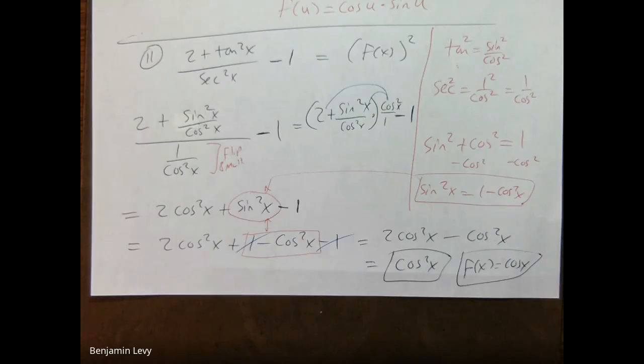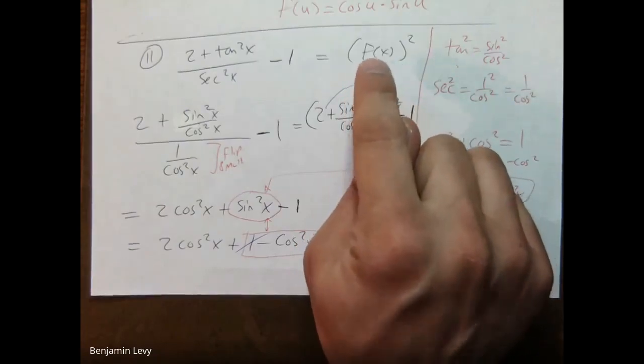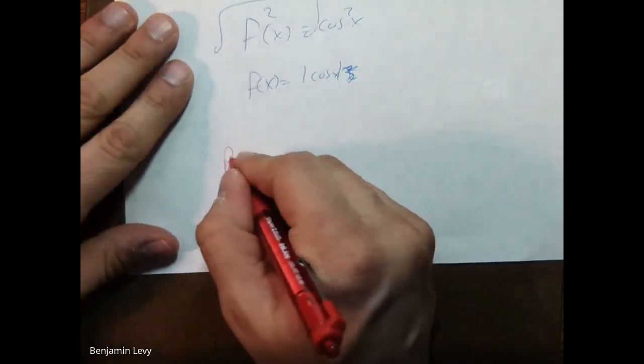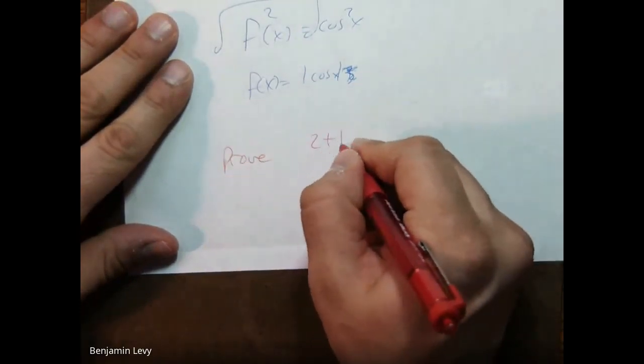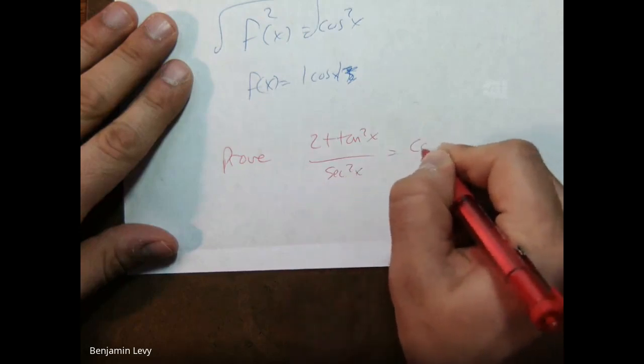Regarding the exam, the step I do would be the one we just went over, correct? Not the absolute value answer? Correct. And also to be clear, on a test, the way this would be phrased, it would tell you cosine squared. The test version of this would be, prove that 2 plus tangent squared over secant squared equals cosine squared.